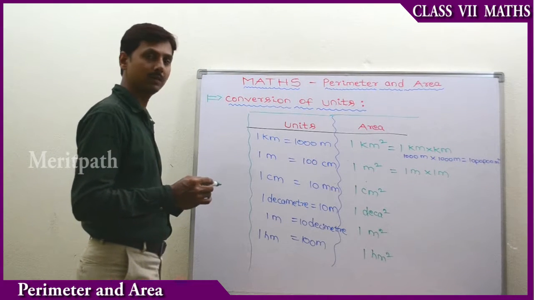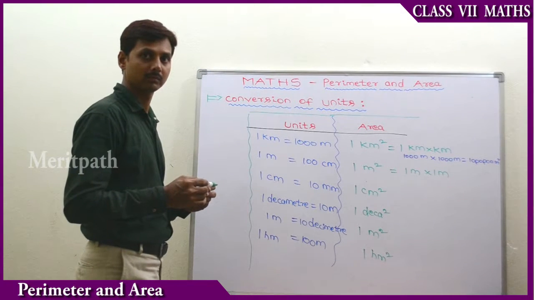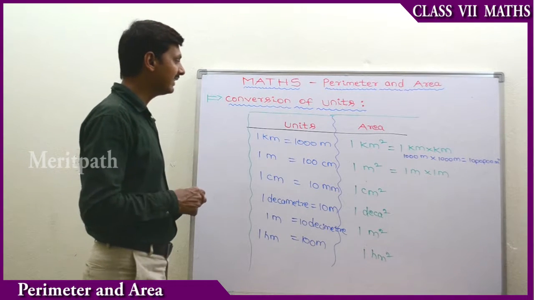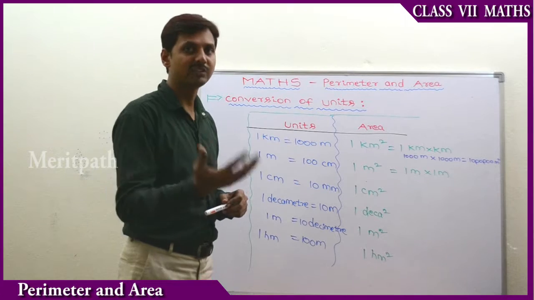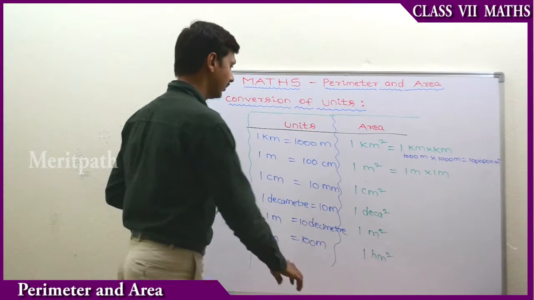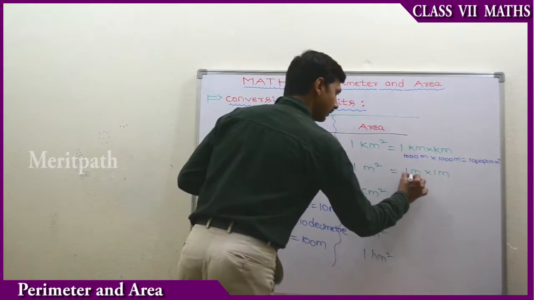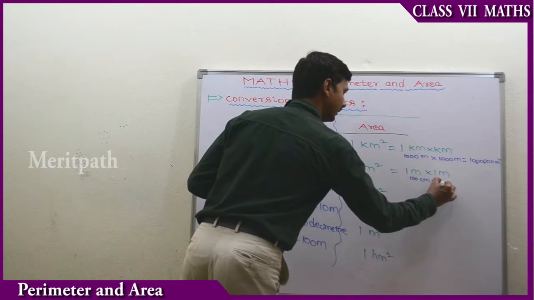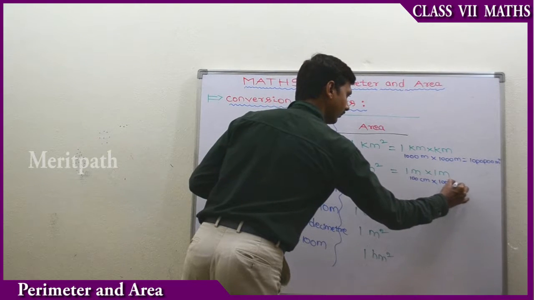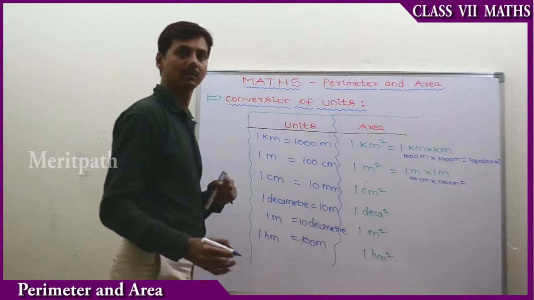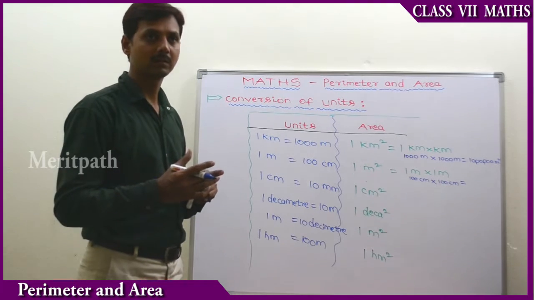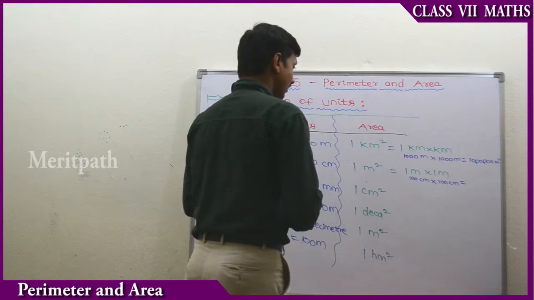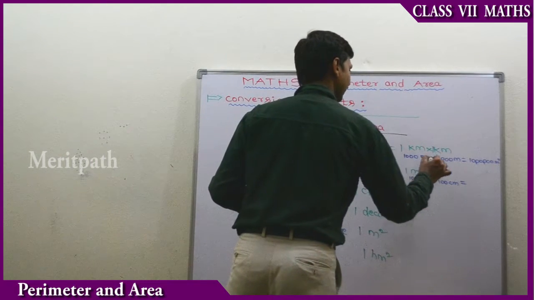We know that 1 meter is 100 centimeters, so this is 100 centimeters into 100 centimeters. When we multiply this, we will get 10,000.